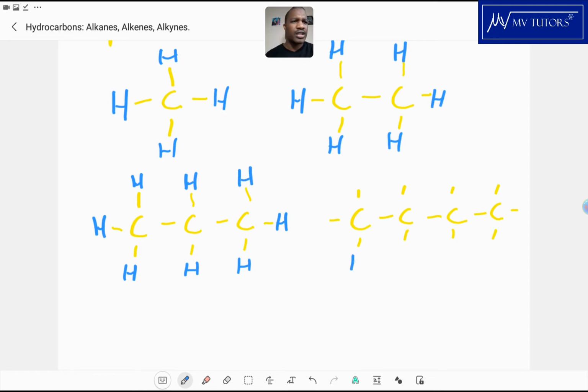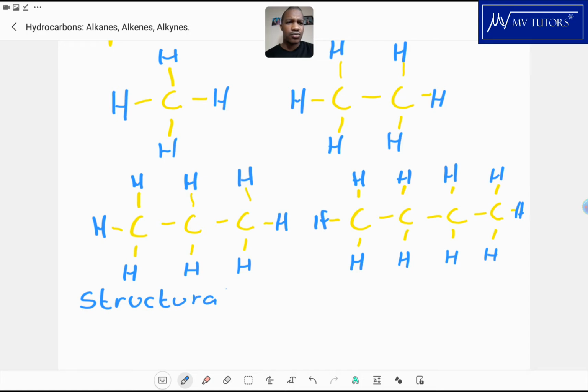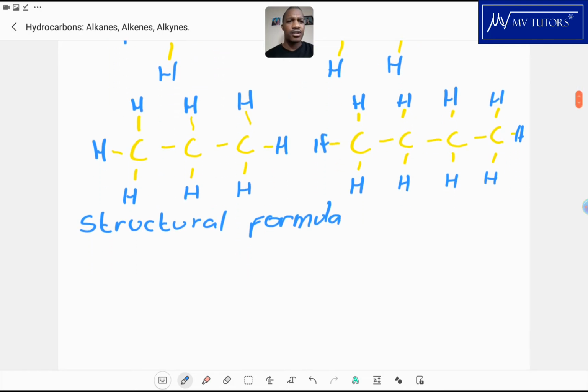So you need to detail each and every one of those floors, and make sure that everything is there up until the roof. So this is the structural formula. It has the C's and H's.